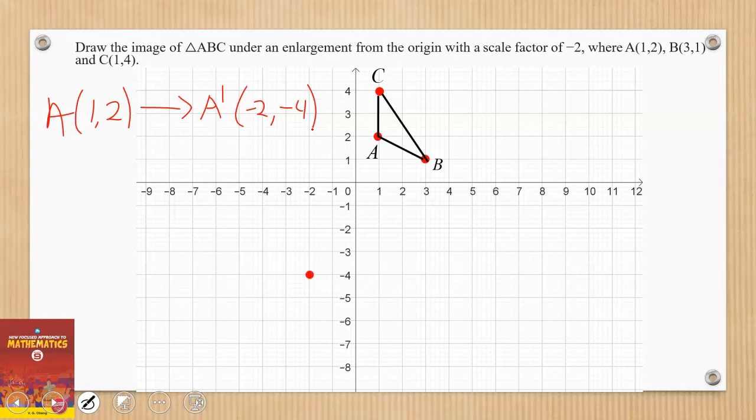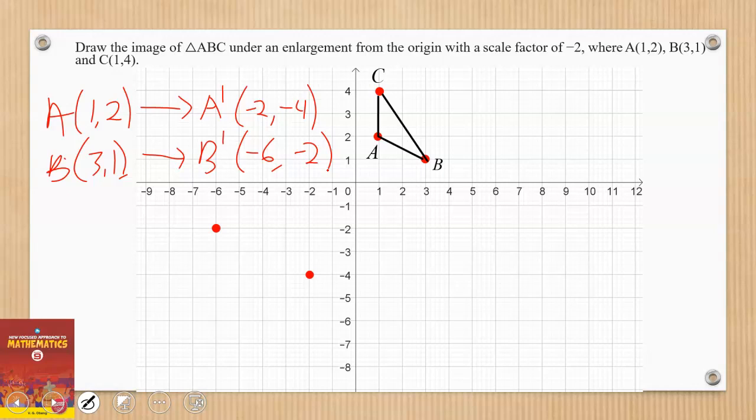Then we want to plot B prime. Original B is (3, 1). Its image B prime: 3 times -2 gives us -6, and -2 times 1 gives us -2. So we are going to plot (-6, -2), which will be like this.